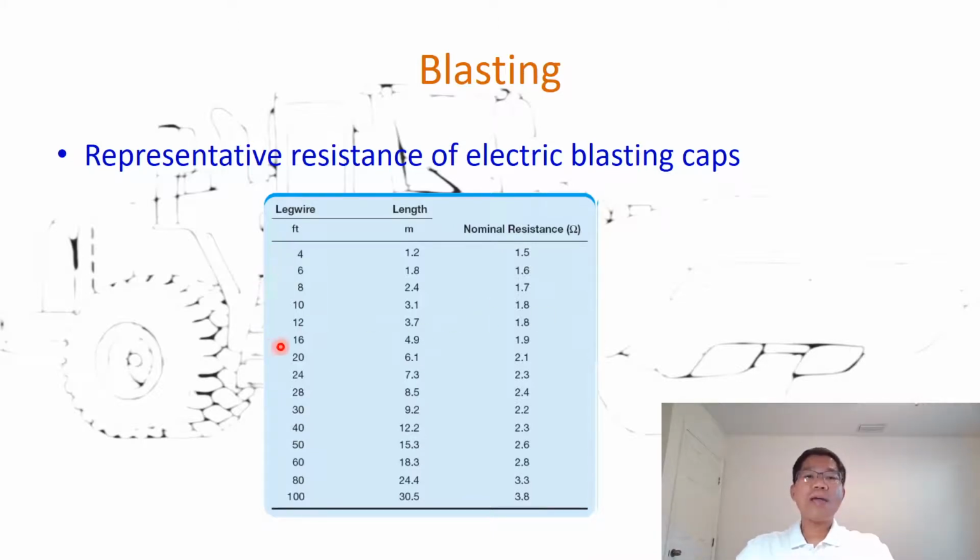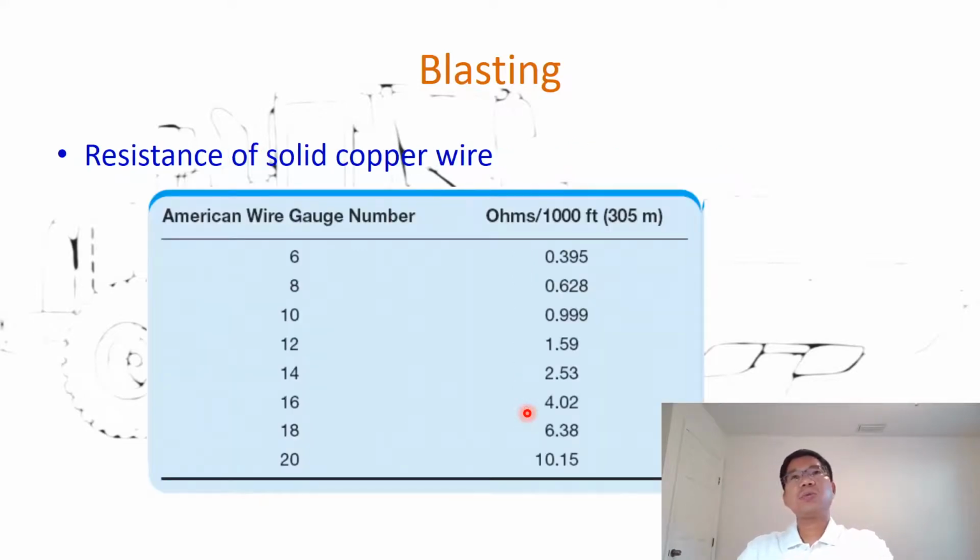If it has leg wire, that is the length of the leg wire, in terms of feet and in terms of meters, and you can get the nominal resistance for that cap. So that solves the first step, the resistance of electric blasting caps.